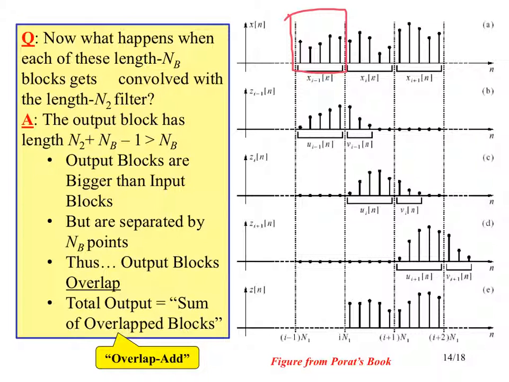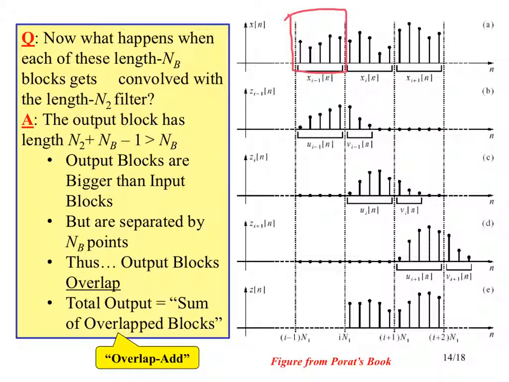So to understand what's going on here, it doesn't matter how we compute the linear convolution, just that we visualize that we are computing the linear convolution. So we're just going to imagine what the result looks like, but the reality is that each one of these blocks gets convolved with the filter using the little trick that we saw on a previous slide that allows the DFT based filtering to give us linear convolution.